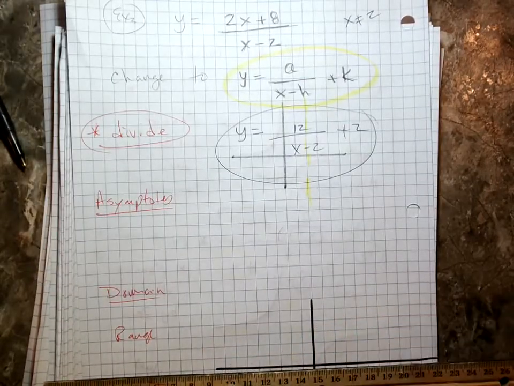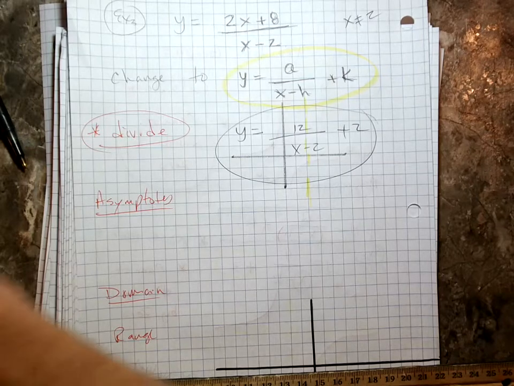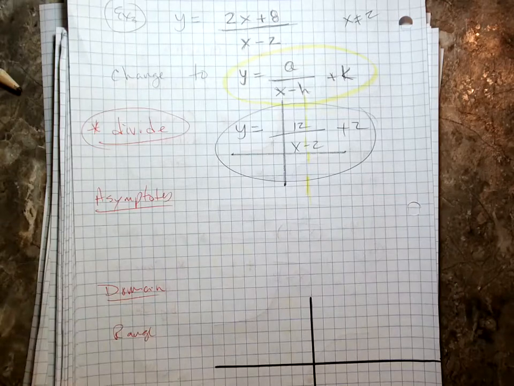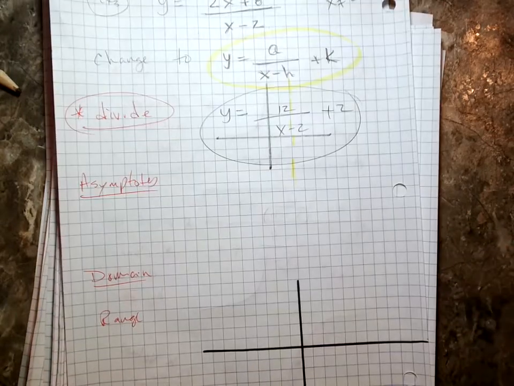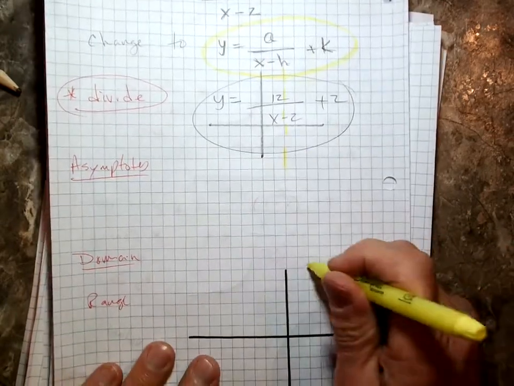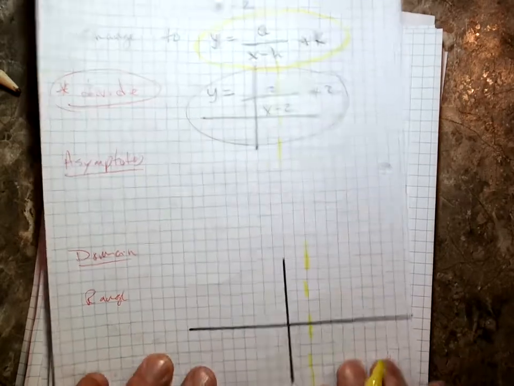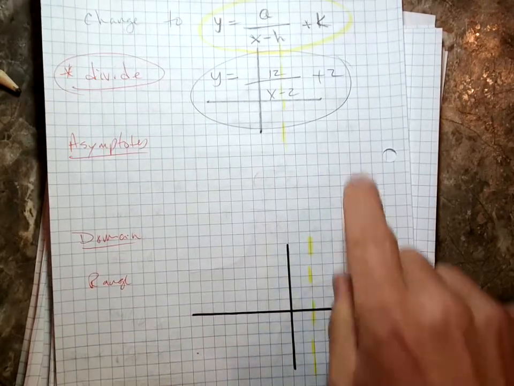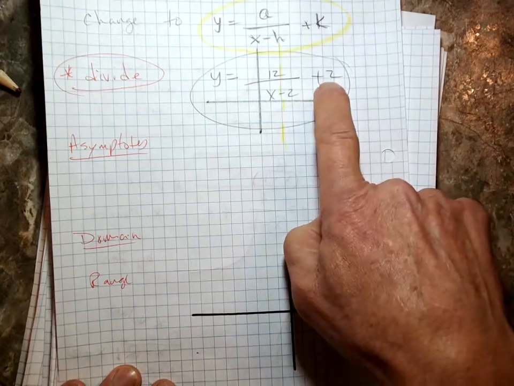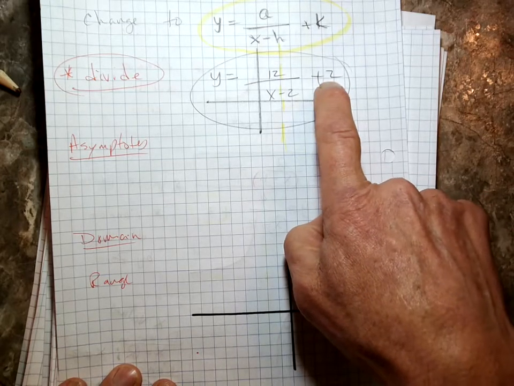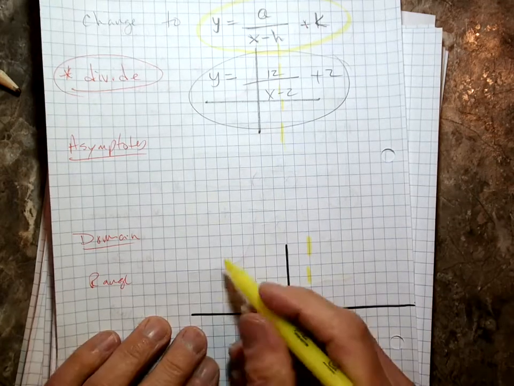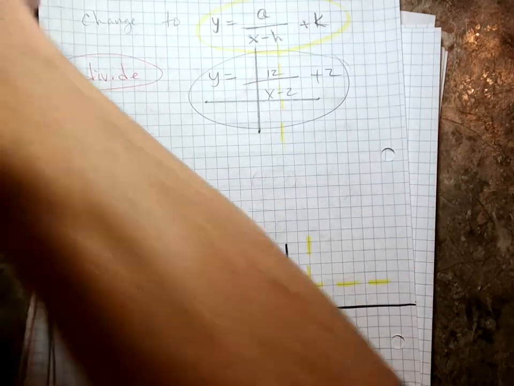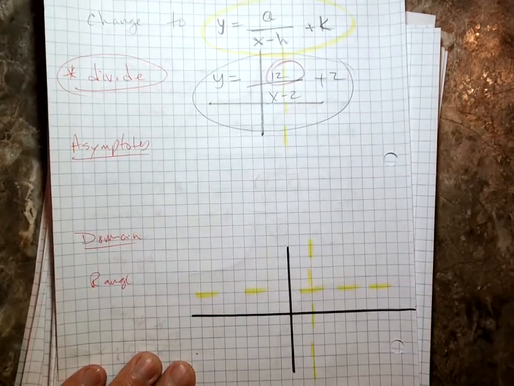Okay, let's see what I got. So, I can do this. I know I have an asymptote at 2, right? I know that my other asymptote is also at 2. My horizontal asymptote is also at 2. I'm going to take the multiples of 12, right, and do my graph.